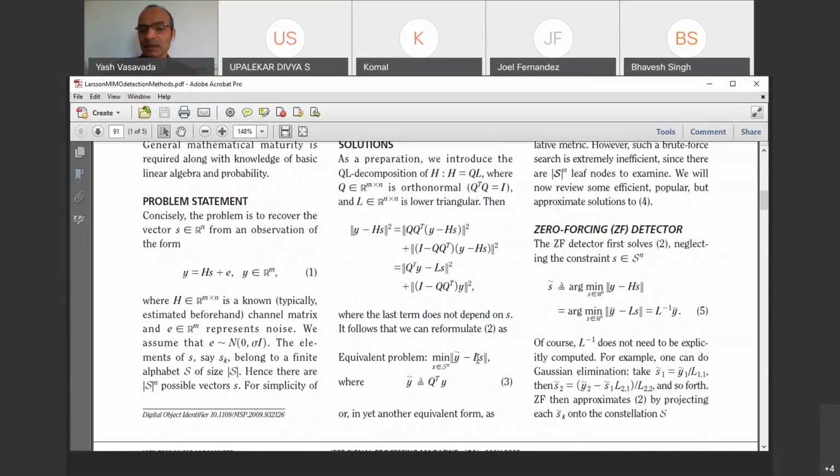Instead, it is getting multiplied by matrix L, where L is a lower triangular matrix.